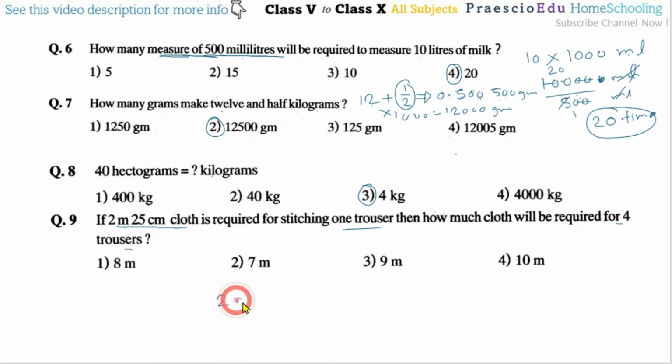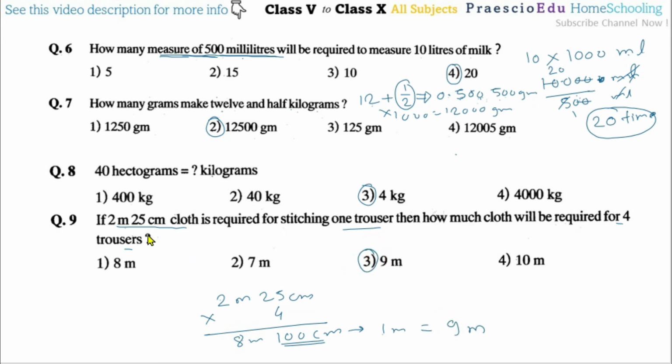So 2 meter and 25 centimeter multiplied by 4. 25 centimeter multiplied by 4 means 100 centimeter, and 2 meter multiplied by 4 means 8 meter. Now 100 centimeter we can convert into 1 meter, so 1 meter and 8 meter is equal to 9 meter. So 9 meter is given in option number 3.